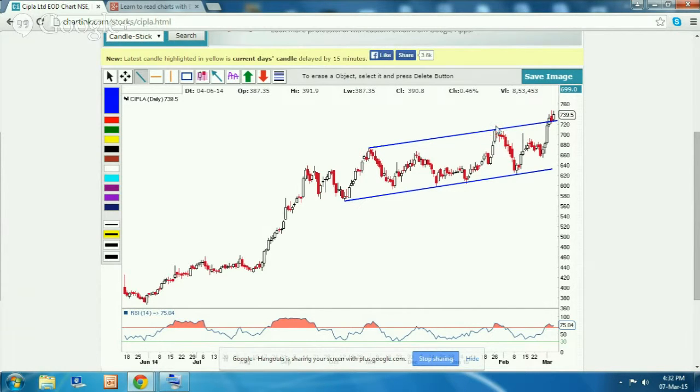At this point, it has taken resistance. See, the minute we drew this parallel line, see how beautifully resistance is taken on that line. But the second time, it approaches the line, breaks through, rests on it, and now the most recent candle is a bullish candle, and now it is poised to go up. It has broken out of this channel.